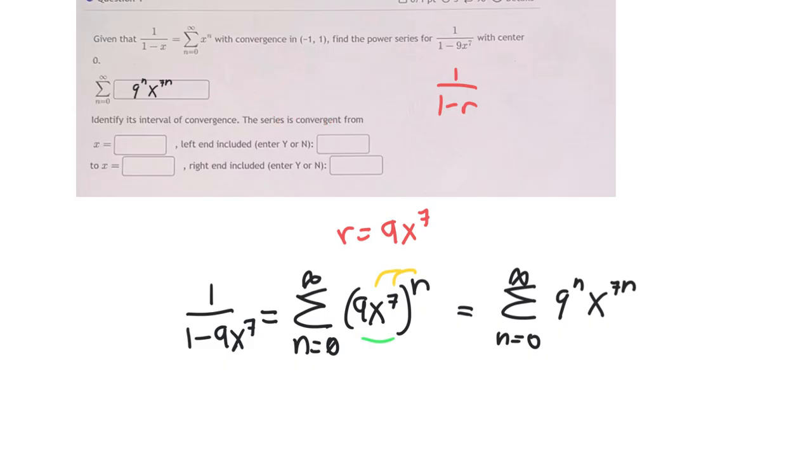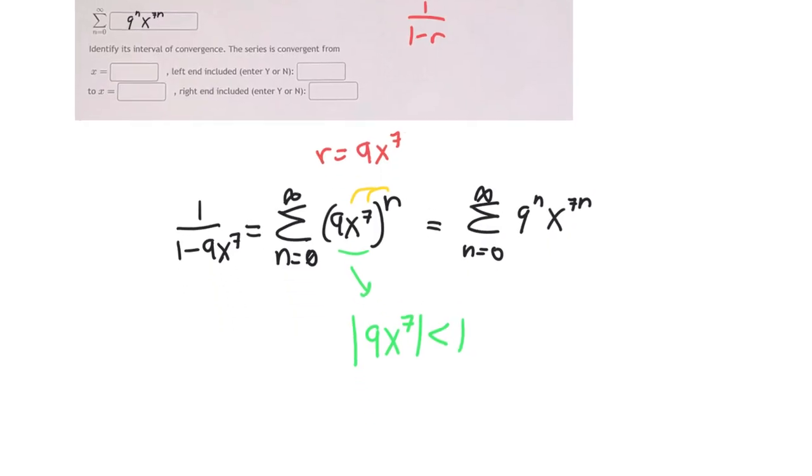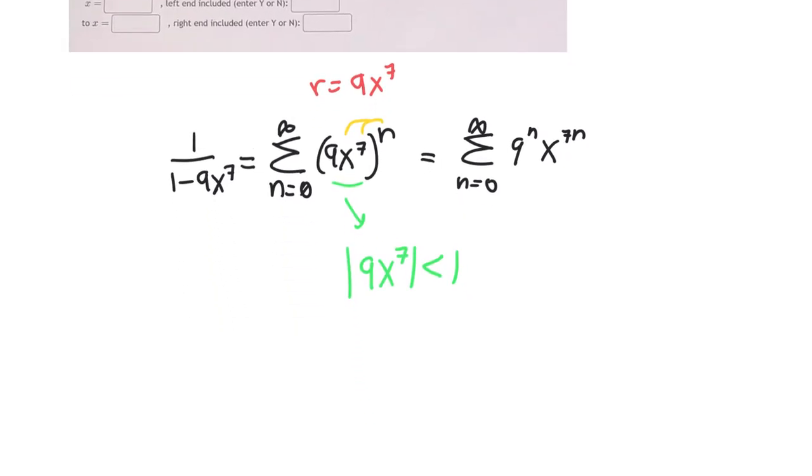So that's where, taking advantage of this right here, we want the absolute value of this to be strictly less than 1. And therefore, we are looking at this.